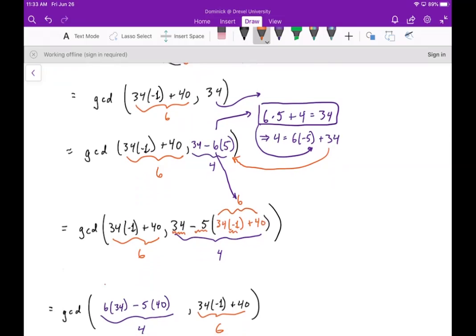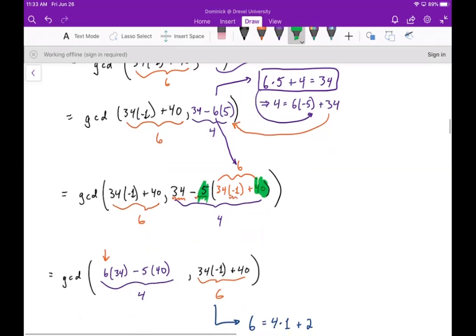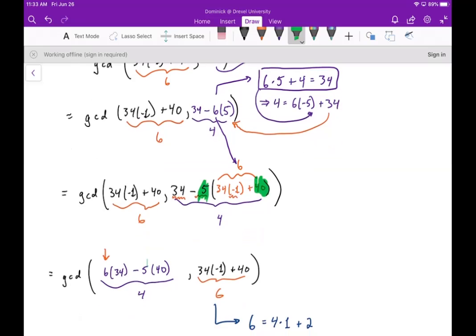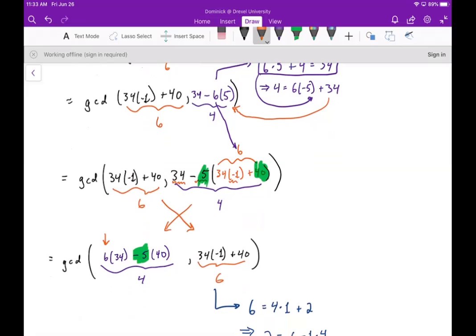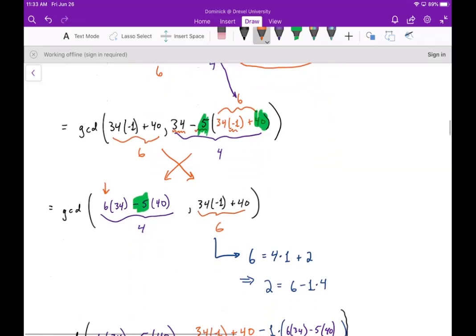That's going to give us 6 34s. And then I have this -5 times 40. So now I can write 4 as 6 times 34 minus 5 times 40, right? And again, just note that we switch spots here. So now I have 4 written as a linear combination of 34 and 40, as well as 6. And now we keep going.